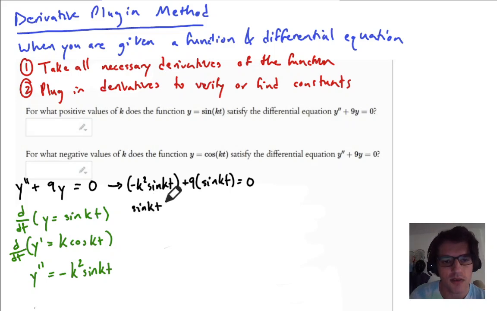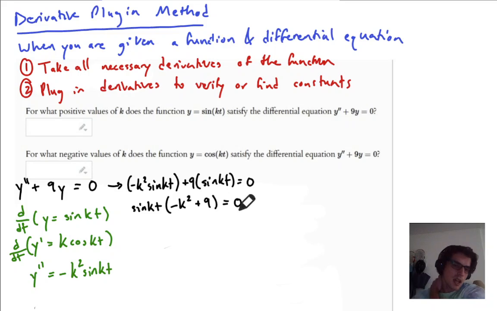Sine kt times negative k squared plus 9 equals 0. Of course, we could set k equal to 0 or to pi. Actually, maybe we do want to set it equal to pi.